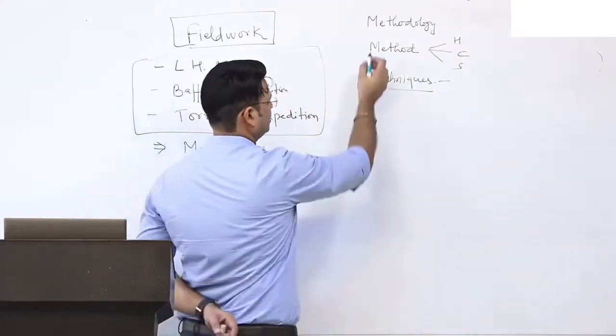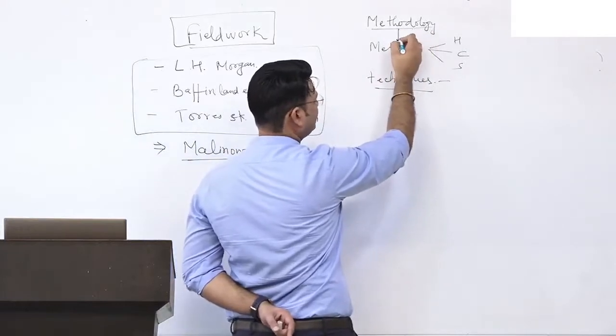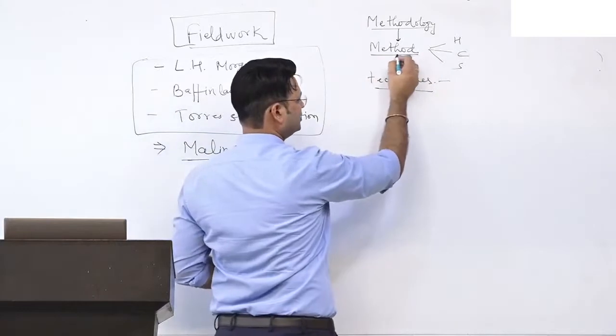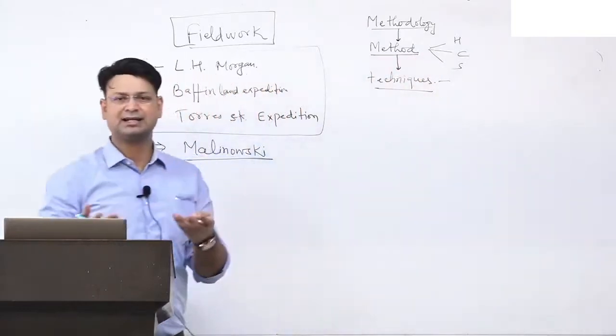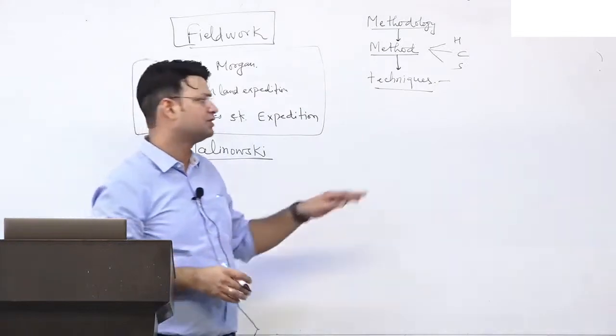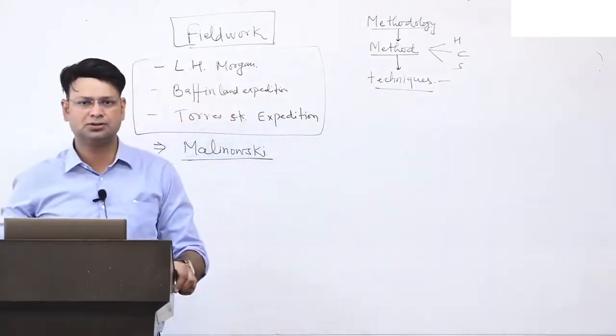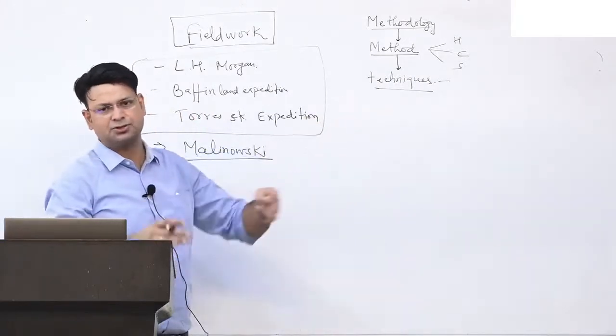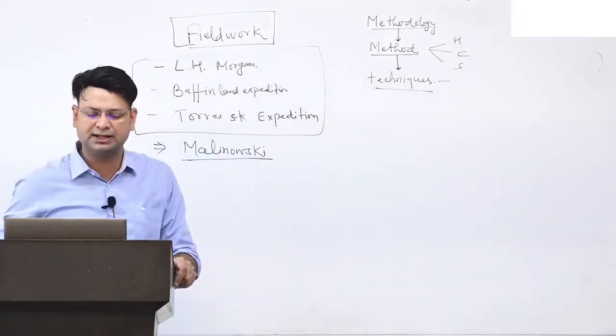You know that methodology is applied ideology. Method is a way of doing, and technique is the simplest way that is directly used in the field. It may be interview, survey, participant observation, or questionnaire. All such techniques are the tools of data collection.